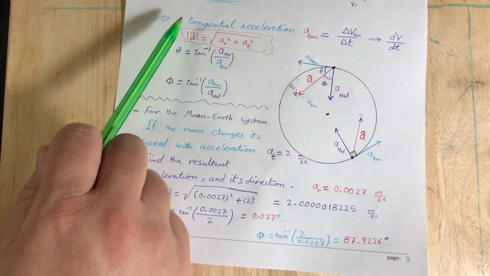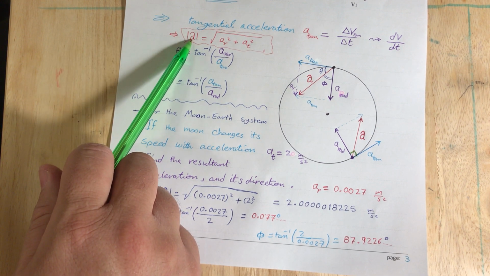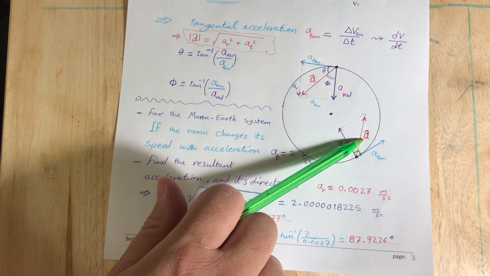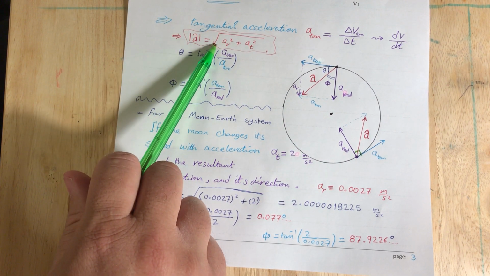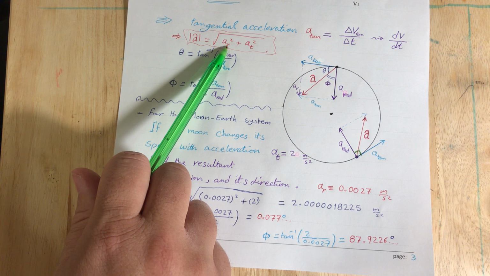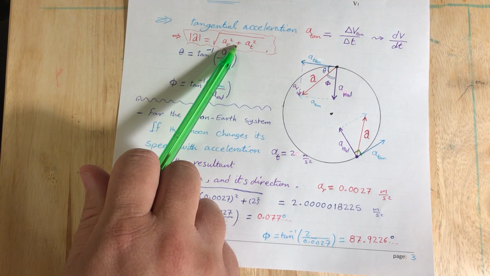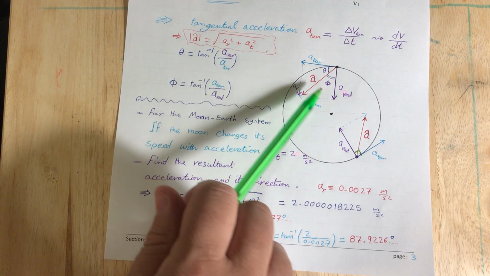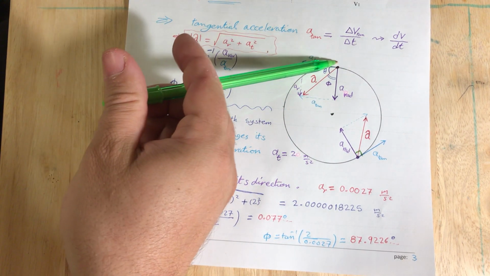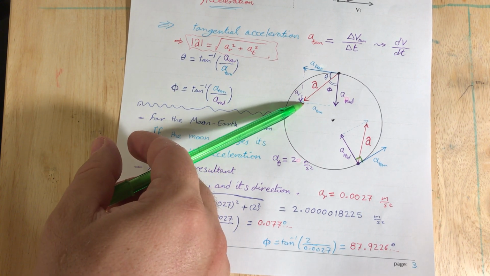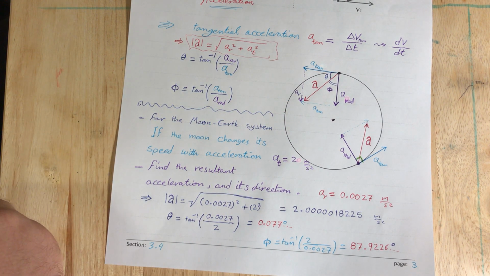Using the Pythagorean theorem, the magnitude of the resultant acceleration, which is A, is equal to the square root of AR squared plus AT squared. AR, A radial, and AT, A tangential. Look, this is A radial, this is A tangential. They form a right angle triangle.